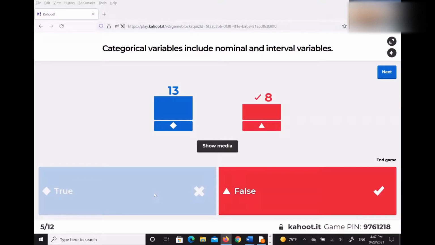Categorical data or variables include the first two levels. Remember, what are the first levels of measurements? I got Evelyn too, Destiny.